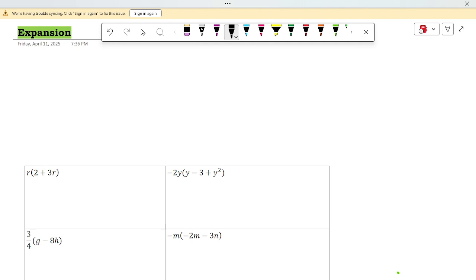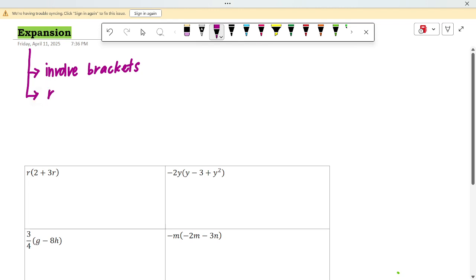Today I'll be doing Form 2 Chapter 2, the first subtopic which is expansion. First thing you need to know, expansion will involve brackets, and your work is to remove the bracket. And how do we remove the bracket?